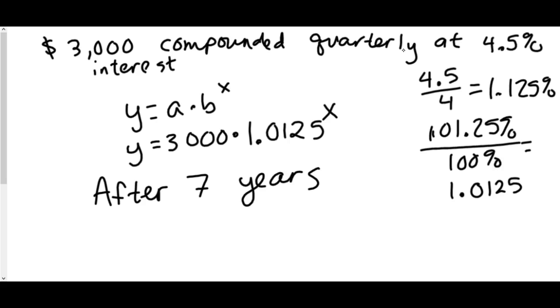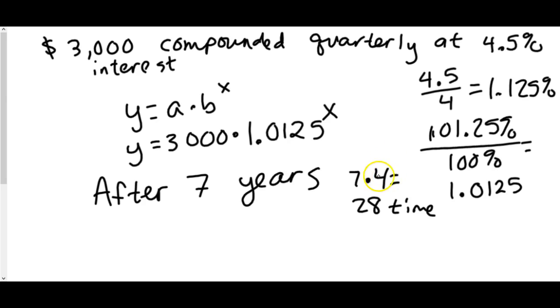So the first year we compound 4 times. The second year we compound 8 times total: 4 from the first year, 4 from the second year, so 8 total. Third year would be 12 total. So we have to do 7 times 4 to figure out what we put in for time. And that's because we were compounding quarterly.